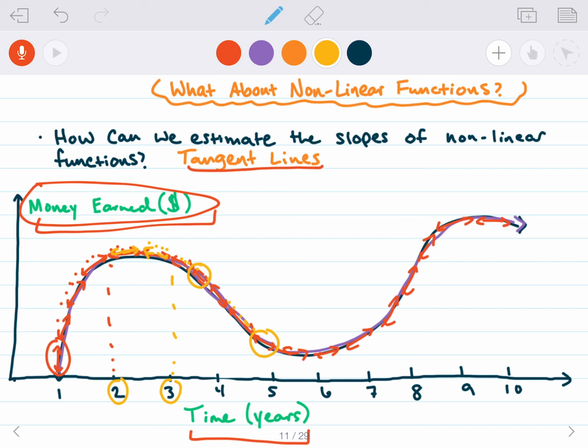So that is how we can think about slopes of nonlinear lines: we think about the tangent lines and how they're constantly changing. But we're going to get more into this later on. I just wanted to show you that the rate of change for nonlinear functions is constantly changing, which is a wild idea, but more on this later.